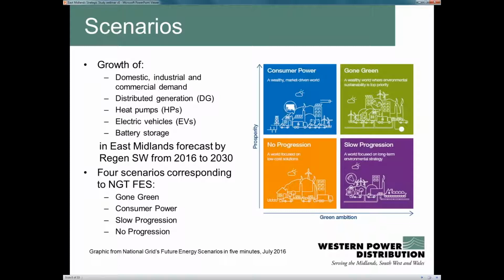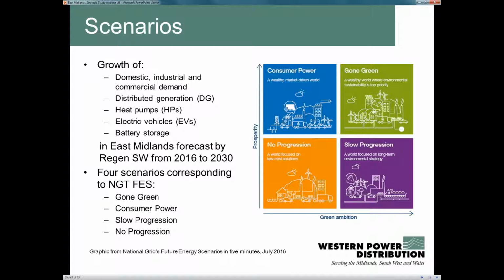Moving towards the scenarios that we have benchmarked our analysis against, these have been taken from the 2016 National Grid Future Energy Scenario document. It's changed somewhat within the 2017 version, but it still effectively holds.